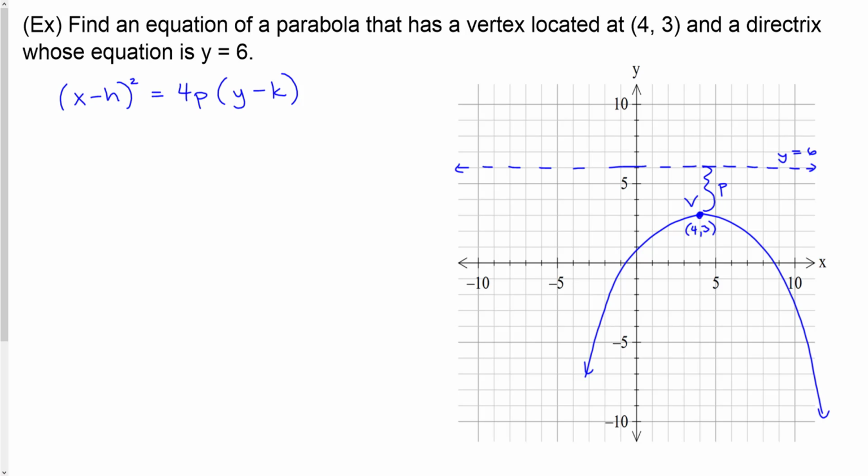And that distance, you could just basically count it. So starting from 3 on the y, so 4, 5, 6, so that's 3 units. So this will be x minus 4 quantity squared equals 12 times y minus 3.